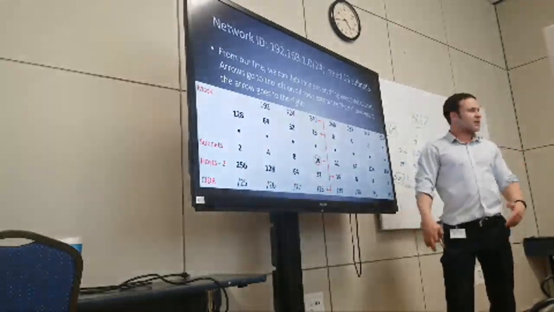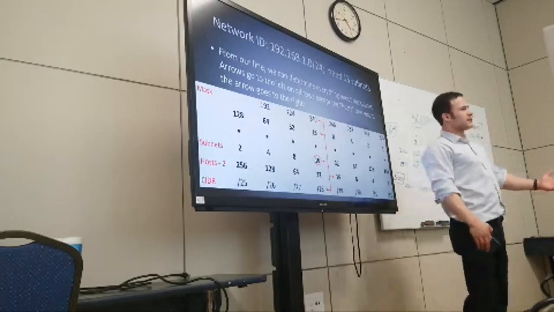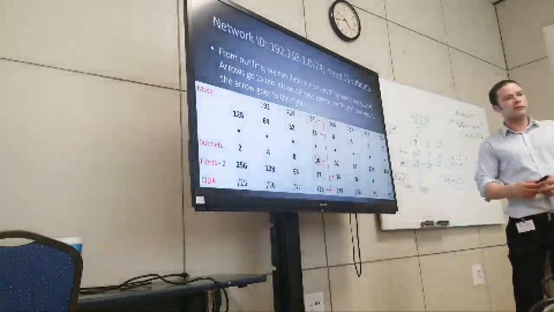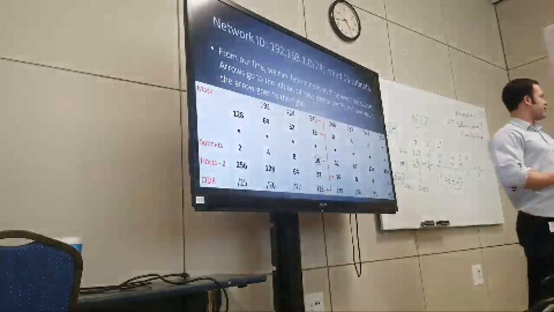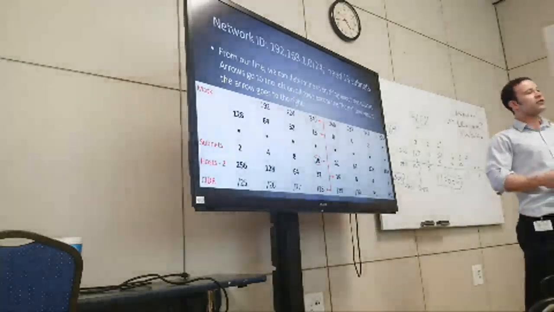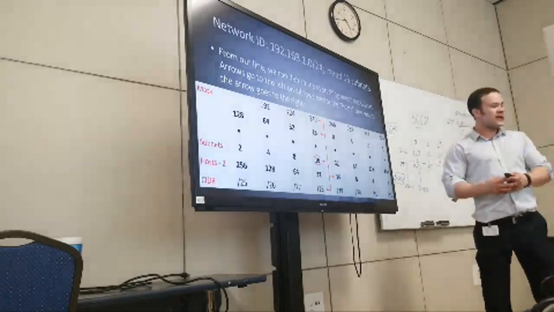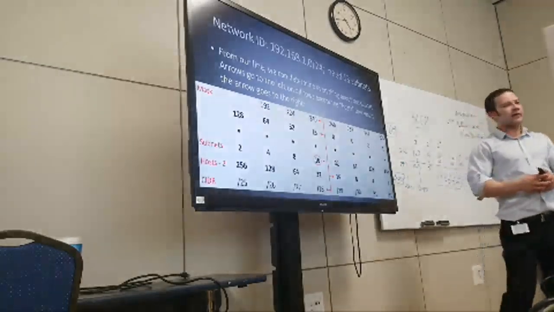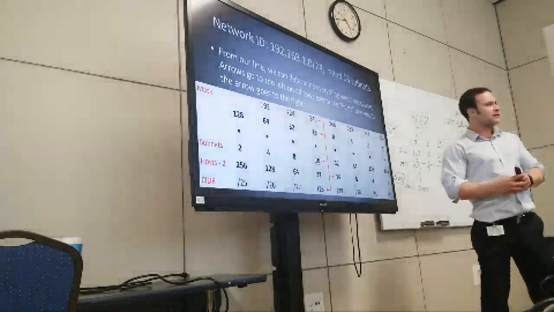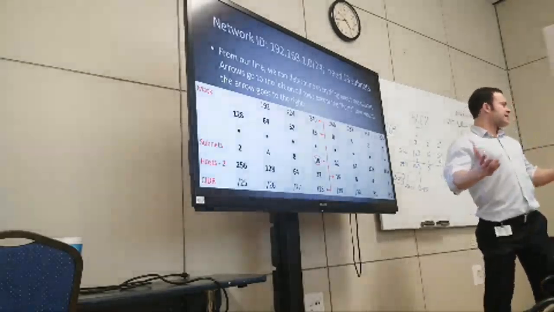So we already know our subnet mask is 255.255.255.240. We know our magic number is 16. We know we have 16 subnets. It's just coincidental that's the same as the magic number. It usually won't be.